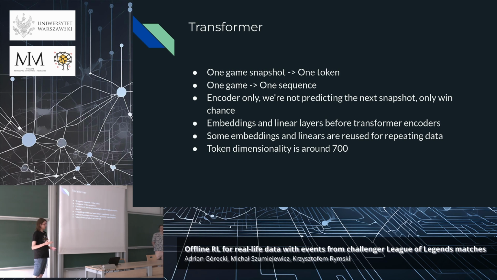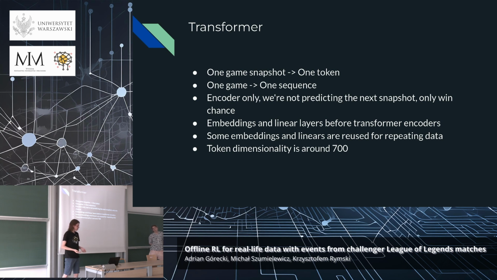We had some linear layers to simplify the data and change it into tokens that could be processed by the transformer. In the end, our tokens had dimensionality just above 700, I think 760 in our final model. So we spent quite a lot of time trying to engineer the best way to do this.